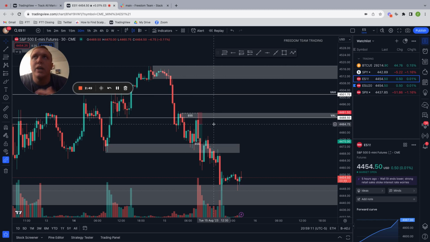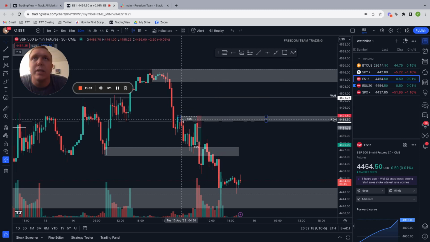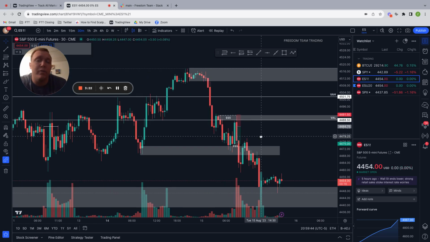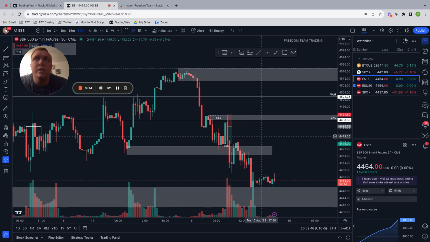One thing I want you to notice is that while we do have a 30-minute supply here where I have this drawn, and here where I have this drawn, one thing I have to mention on my pre-market plan was that there was a 50% retracement from a break of structure from the move that lined up with the supply zone.